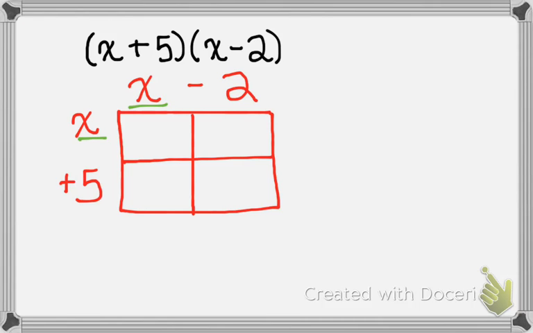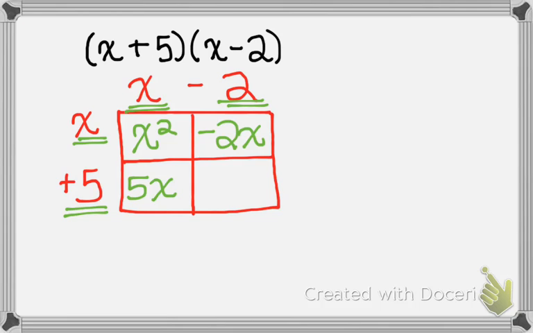So x times x is x squared. x times negative 2 is negative 2x. If I move down to the bottom row, we've got 5 times x, which is 5x. 5 times negative 2, which is negative 10.